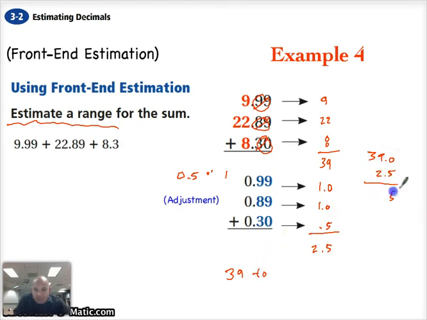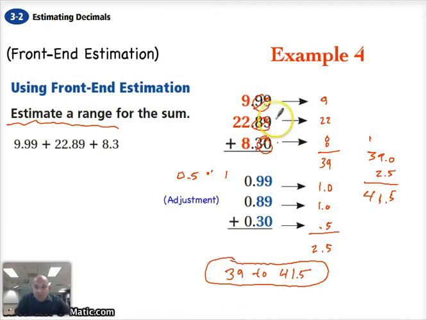It's 5/10ths down here. 9 plus 2 is 11. We have 41 5/10ths. So in other words, what this is saying is our actual answer is somewhere between 39 and 41 5/10ths by using front-end estimation and then taking those discarded decimals and rounding them to either 5/10ths or 1.